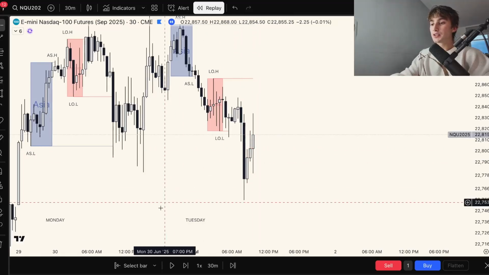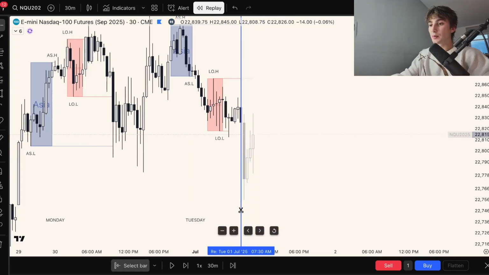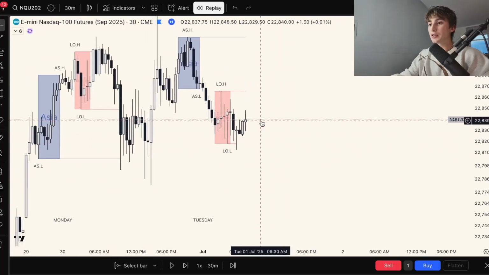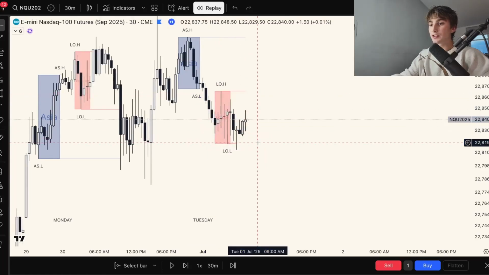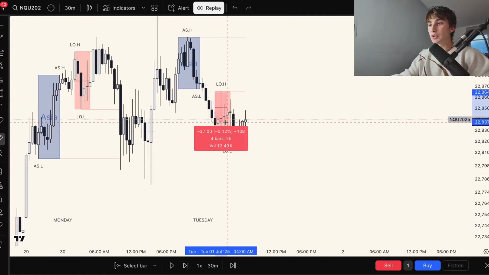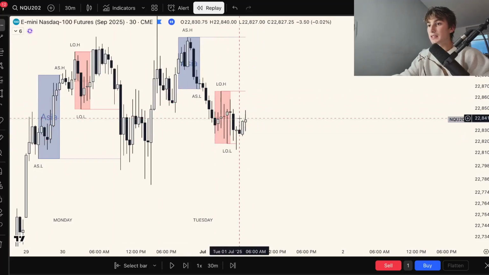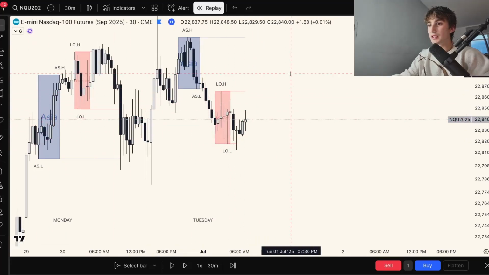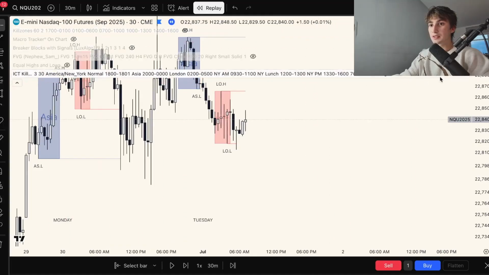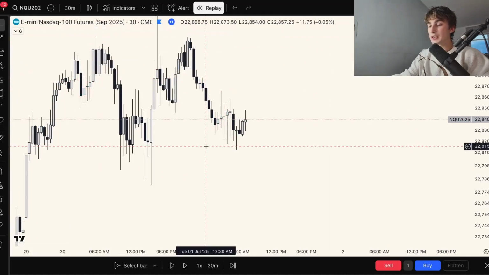As you can see here, going into the morning before New York session, we had London session chopping around. We had this accumulation period. You can see here that we can identify these low volatility candles, and we can turn off even this kill zones indicator right here.